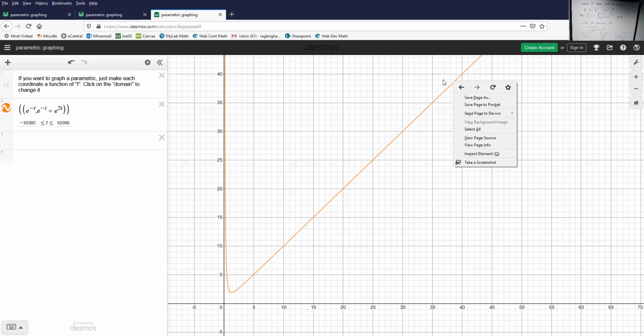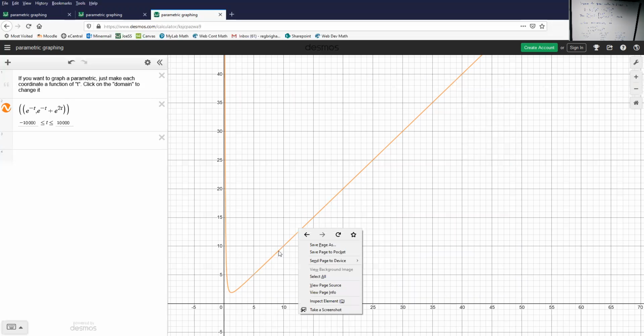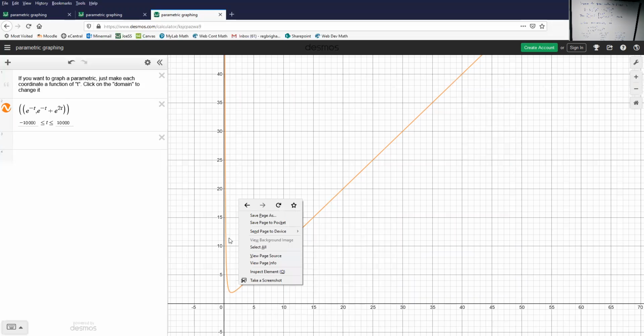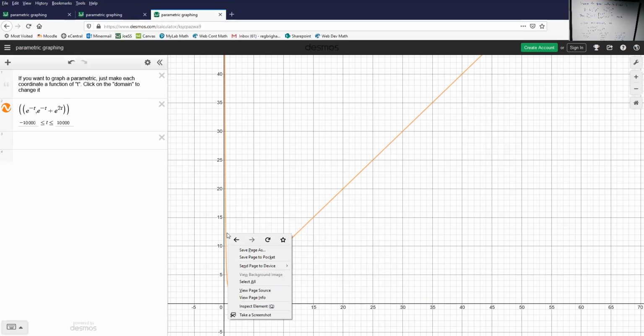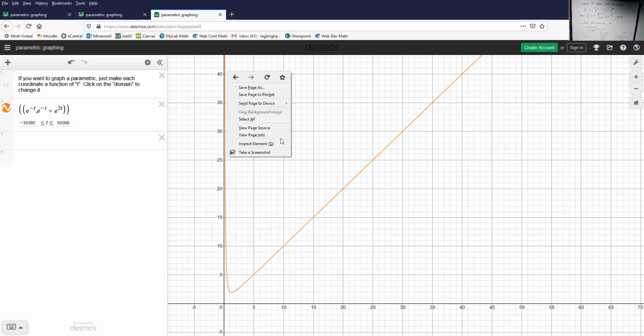So up there, that's for very small t, and when t is very small, we're very close to y equals x, and as t increases, we move down the curve this way, and then eventually the e to the 2t starts to pick up. So when our e to the negative t is very small, when t is close to 10,000, say, then this starts shooting up that way. And so that's the direction that our arrows travel, or point, in this particular trajectory.